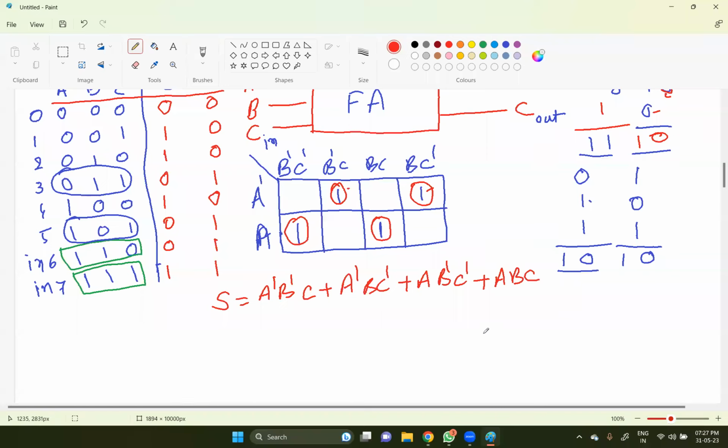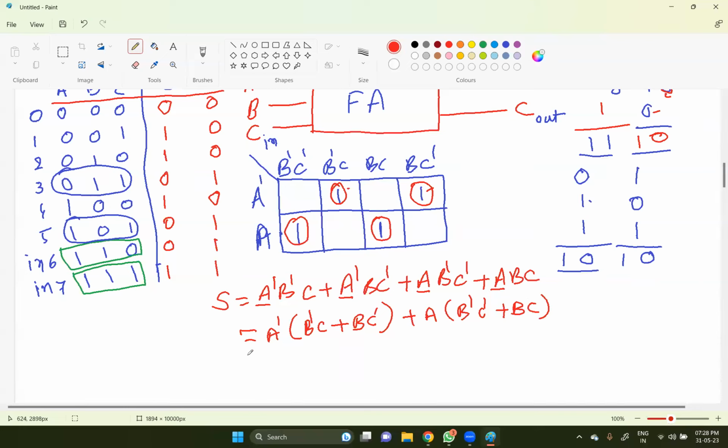Now I would like to take some common terms. Let me take A complement as common between the first two: A complement into B complement C plus BC complement. And here A will be common between these two: A into B complement C complement plus BC.